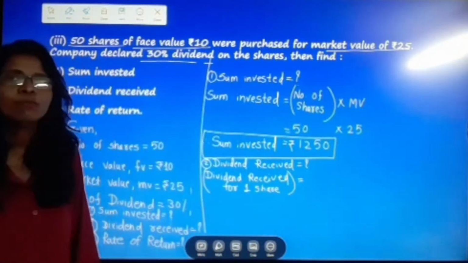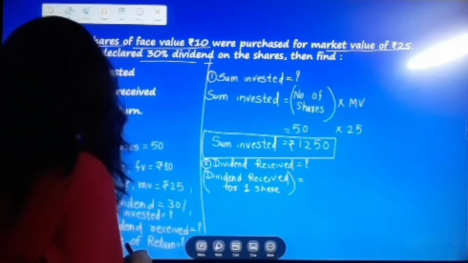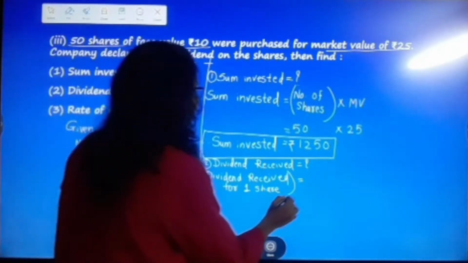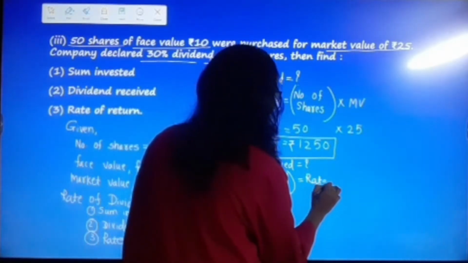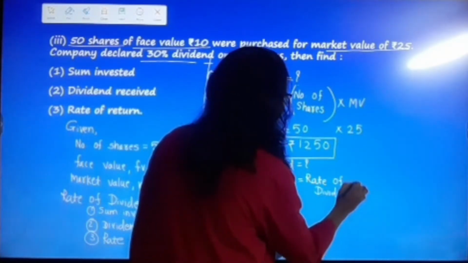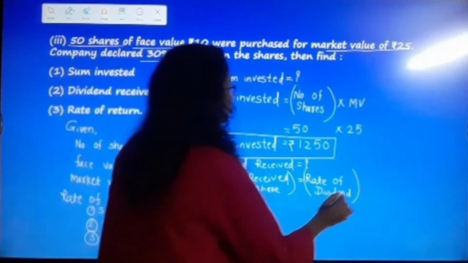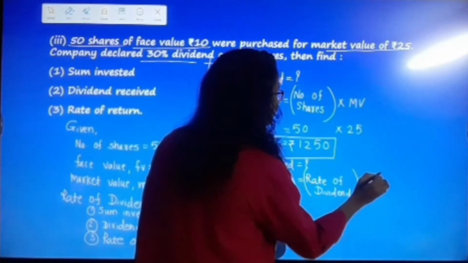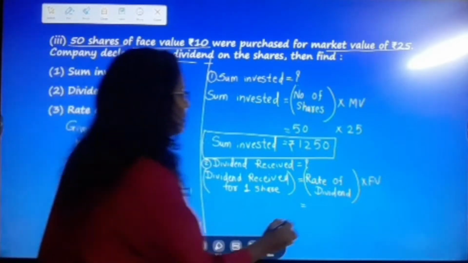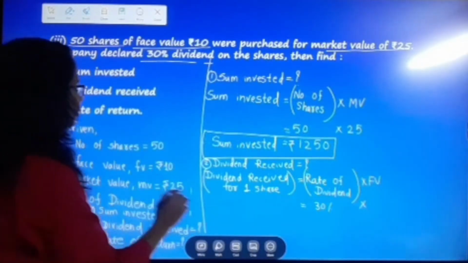So what is the formula? The formula is rate of dividend multiplied by face value. Here the rate of dividend is 30% and the face value is rupees 10.